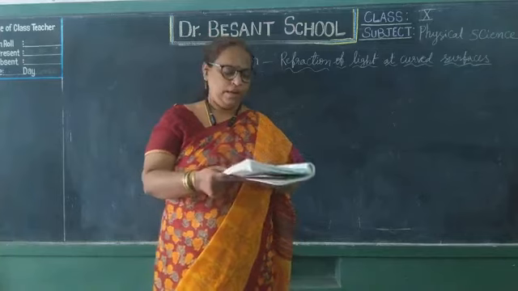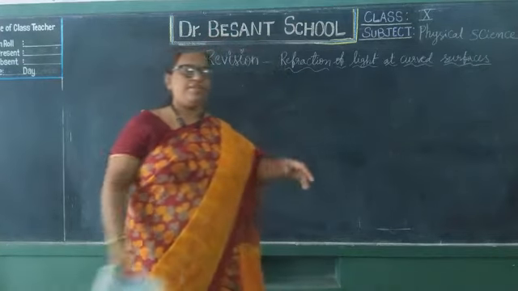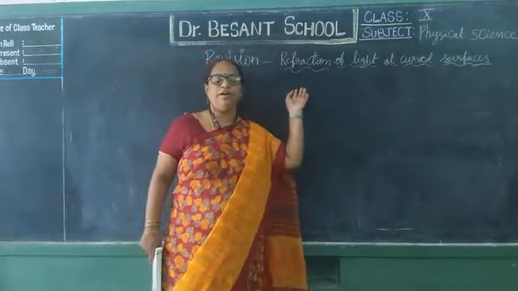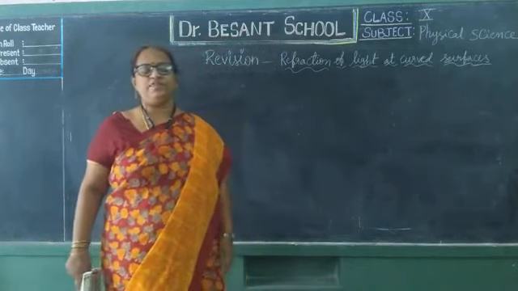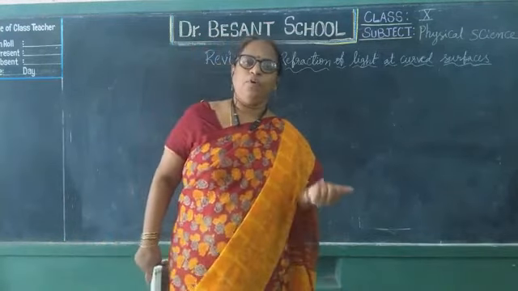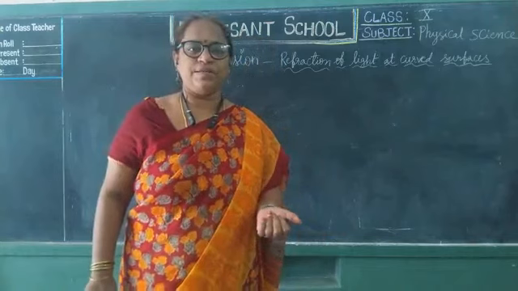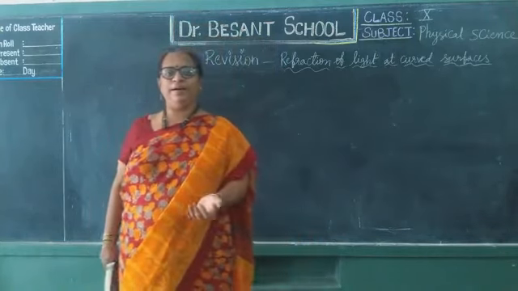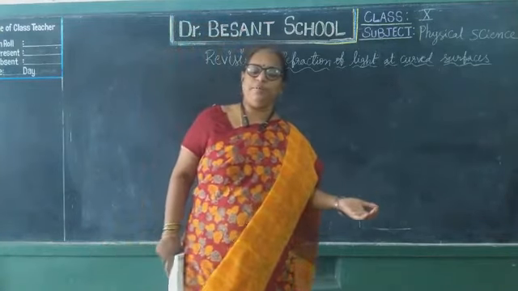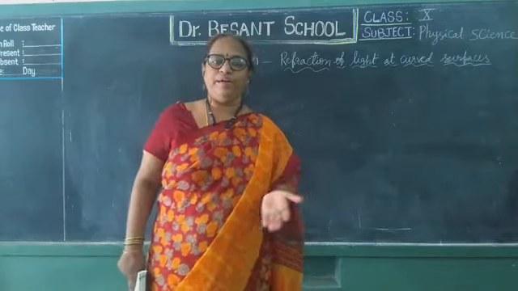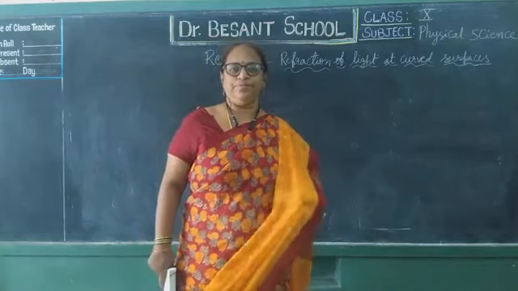Okay, children? Now coming to this chapter, in the previous video we learned about refraction of light at plane surfaces. In that we learned what is meant by refraction, and how the light ray will bend when it moves from denser medium to rarer medium and rarer medium to denser medium.